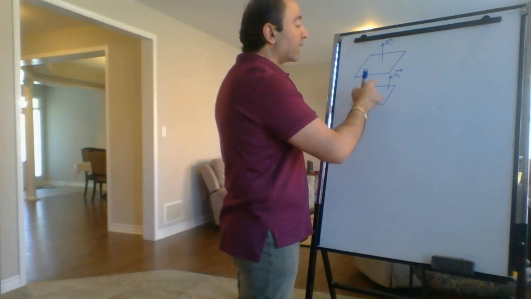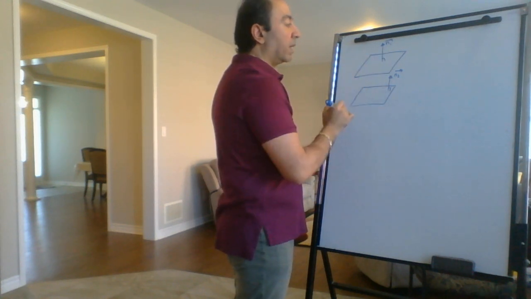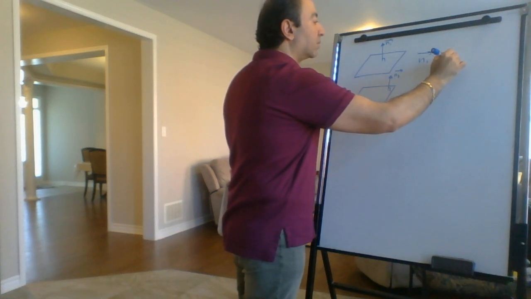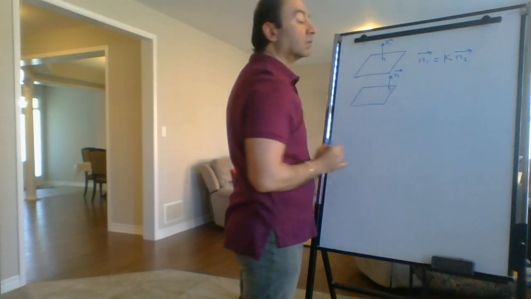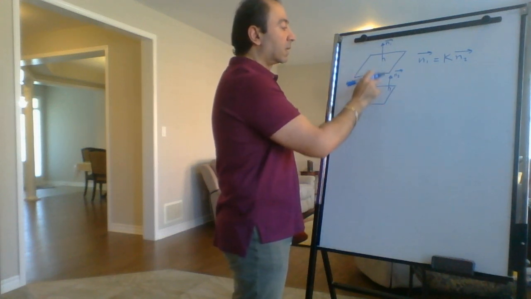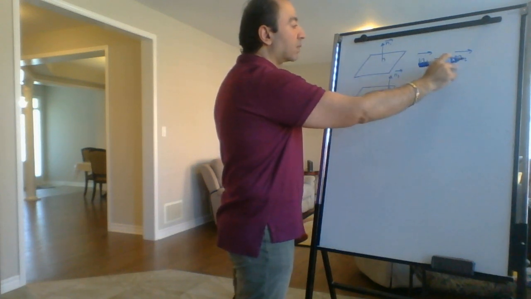Planes are parallel if n1 is parallel to n2, and that means n1 equals a scalar multiple of n2. Okay, parallel planes have parallel normal vectors. Parallel normal vectors means scalar multiples.